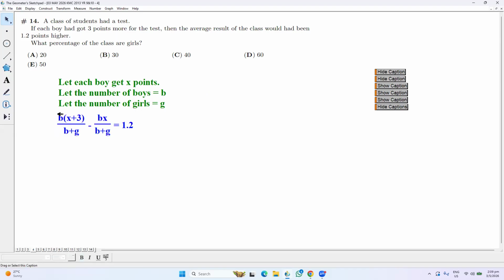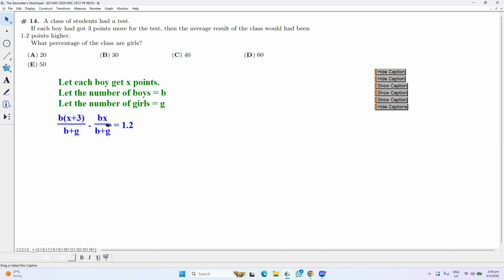So one boy, 3 points more. Since it's X, then 3 points more is X plus 3. So B times X plus 3 is the total for the boys, divided by the total number of students in the class, boys plus girls, minus the score before they got 3 points more.